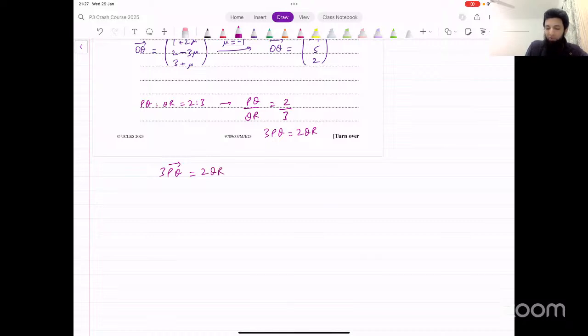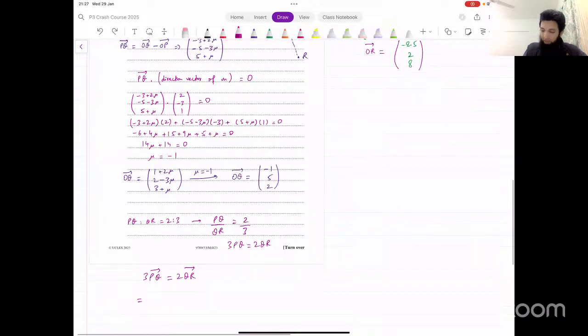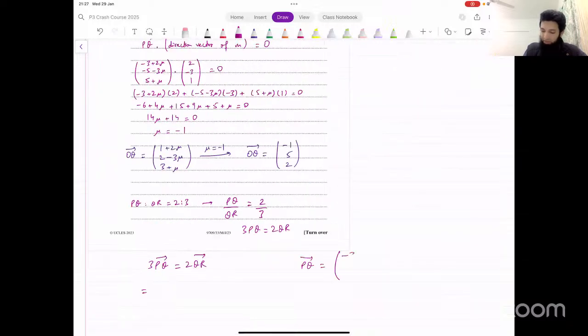Now, what's PQ? We already have that here. We can evaluate that. Let me do that here on the side. PQ vector: -3 plus 2 times -1, inputting mu equal to -1 there; -5 minus 3 times -1, and 5 minus 1.